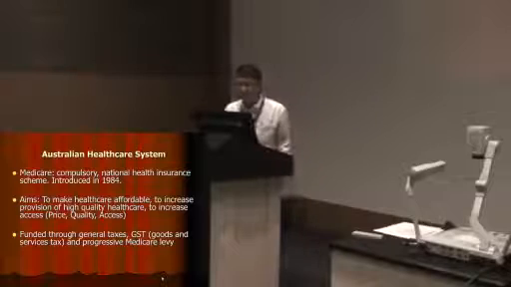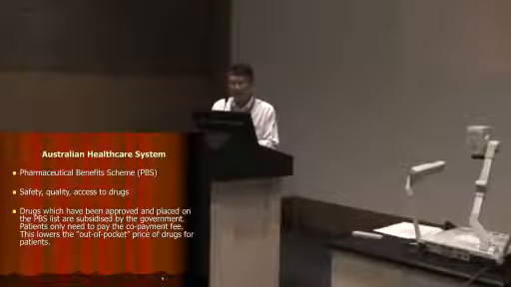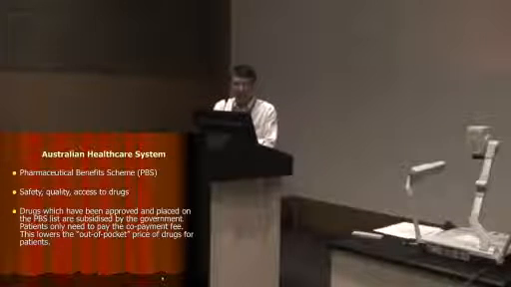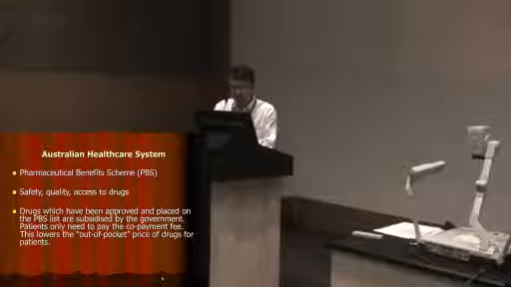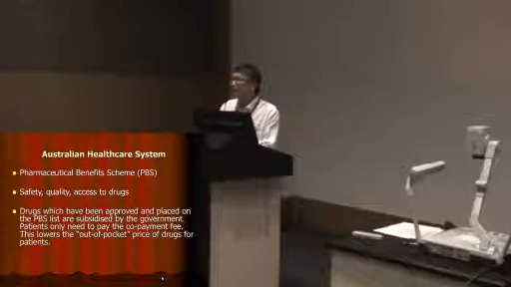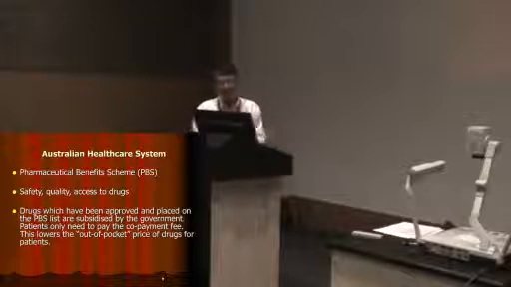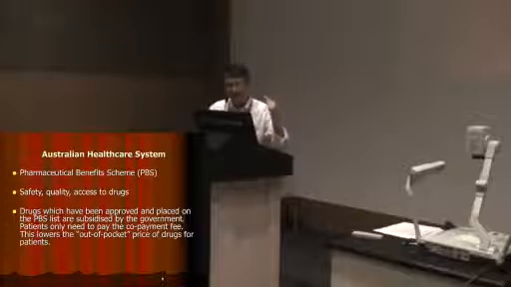Australia also has introduced something called the Pharmaceutical Benefits Scheme, or PBS. The aim of the PBS is to increase access to drugs, at the same time making sure that the safety and quality of the drugs are taken into consideration. Drugs which have been approved and placed on the PBS list are heavily subsidized by the government.